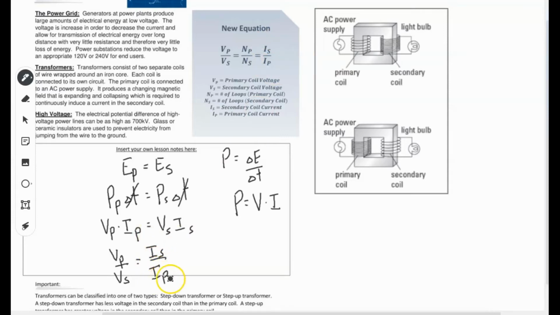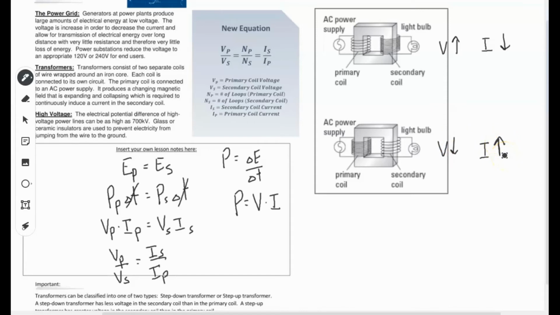Just rearranging that equation. So what does that mean? That means due to conservation of energy, in a step-up transformer where your voltage increases, your current must decrease. And the opposite, in a step-down transformer where your voltage decreases, your current must increase.